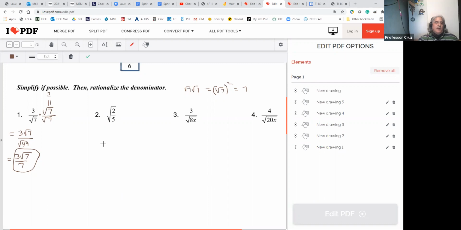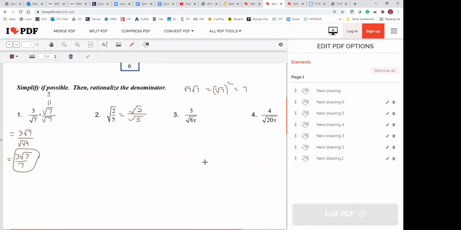Why don't you go ahead and try the number 2, and just remember, you break it down like this first. So what's that form going to take on when you rationalize the denominator?